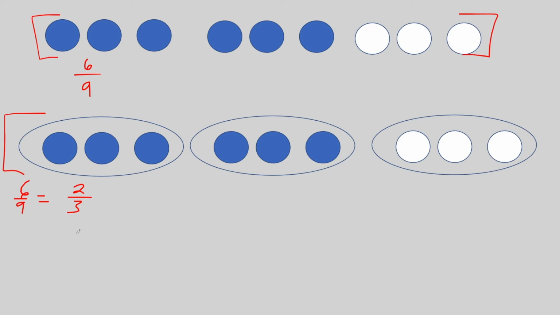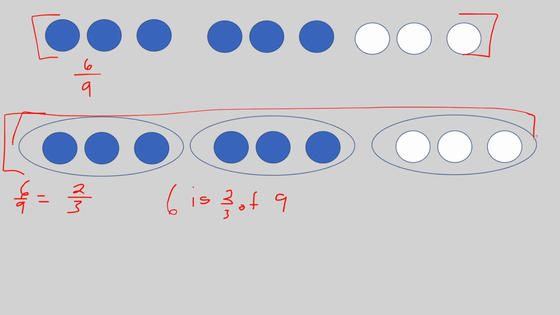Okay, and then I can continue on and say, if I wanted to write it in a different way, I can say 6 is 2/3 of 9, or I can write it as a part-whole relationship because we're dealing with the whole entire thing, right?